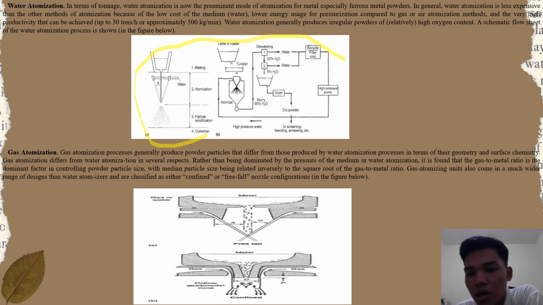In gas atomization it is found that the gas to metal ratio is the dominant factor in controlling powder particle size, with median particle size being related inversely to the square root of the gas to metal ratio. Gas atomizing units also come in a much wider range of designs than water atomization and are classified as either confined or free fall, as compared in the figure below.